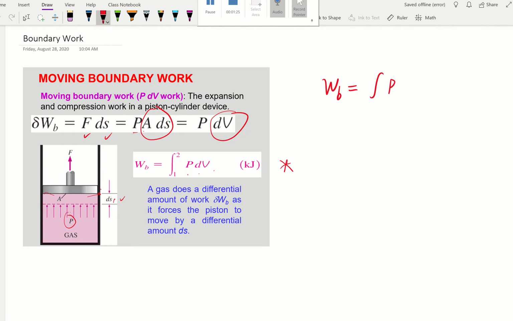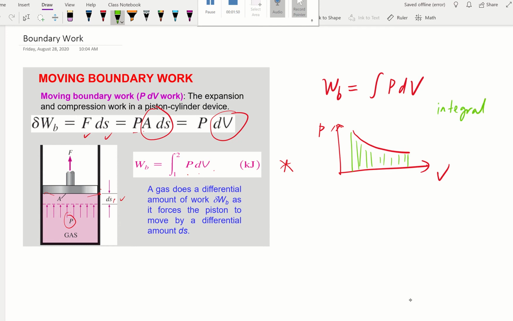Then, as we learned in calculus, when you look at the integral, if we draw a PV diagram and randomly draw a curve, the boundary work will be the area underneath the curve. That's basically the essence of the integral.